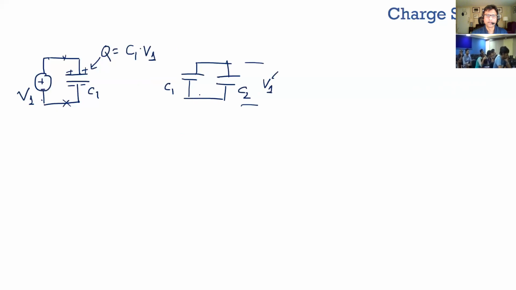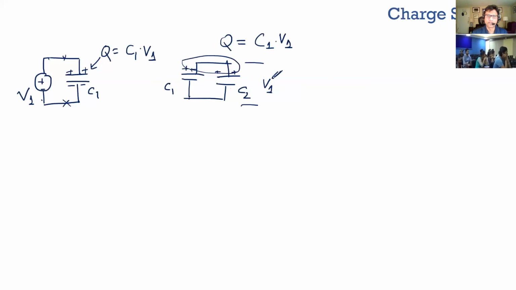Again, the key is charge conservation. The total charge Q should remain the same, which is C1 times V1, because C2 did not have any charge to begin with.